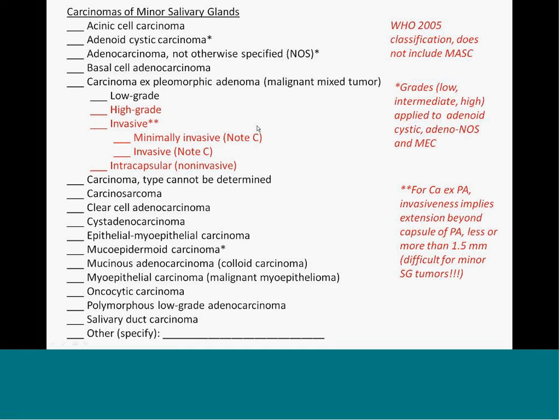Carcinoma ex pleomorphic adenoma, or malignant mixed tumor, is categorized as low and high grade. In my experience, it's very unusual to have a low-grade carcinoma ex pleomorphic adenoma. They're really high-grade, either adenocarcinoma NOS or salivary duct carcinoma, and other types, even squamous cell carcinoma.